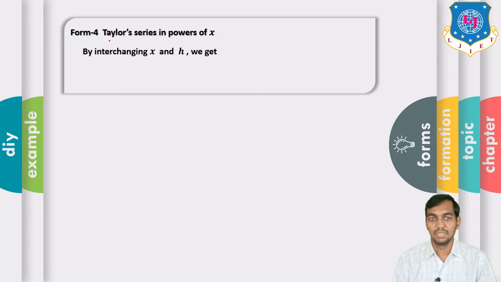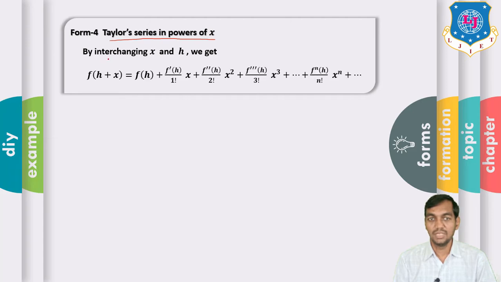Now, the fourth form, the Taylor series in powers of x. We are going to write the series now in the powers of x instead of powers of h. So we are going to interchange x and h in the above equation.